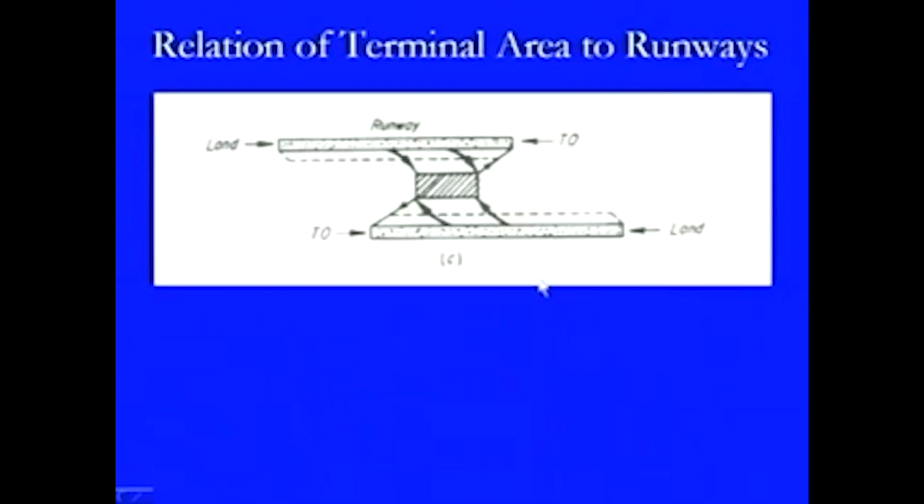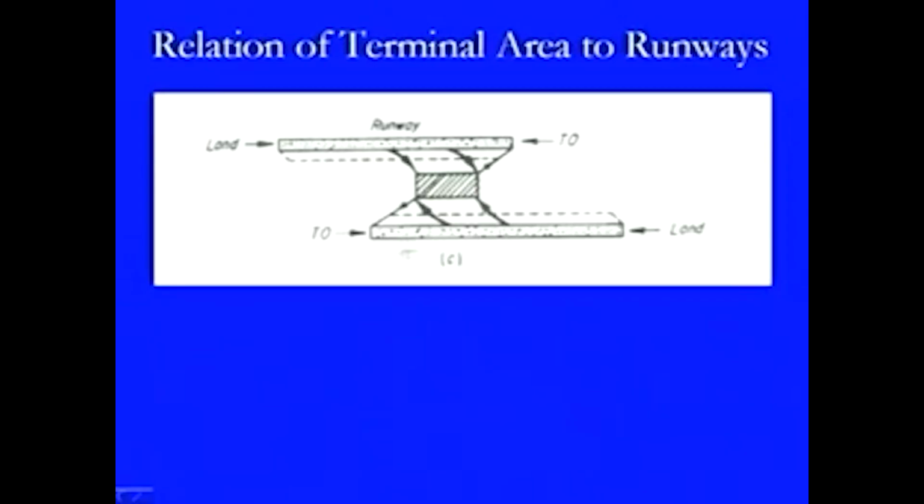This is for a staggered condition where heavy traffic is there. So, the takeoff ends have been provided very near to this terminal building, which is otherwise not possible in the case of parallel runways where the terminal building is centrally located. So, this is a takeoff end and this is a takeoff end, and both ends are very near to the terminal building, whereas the landing ends of the runway strip are at the farthest point.